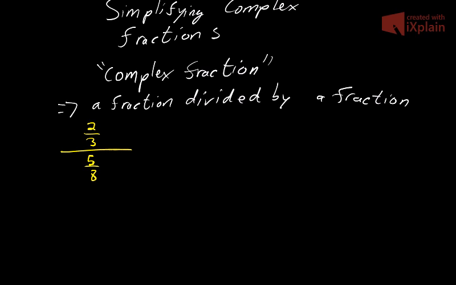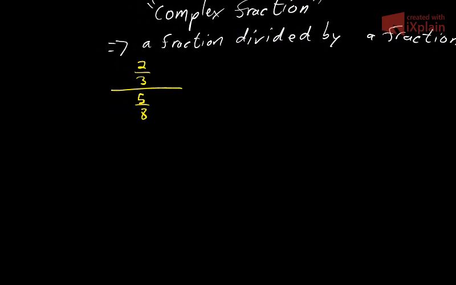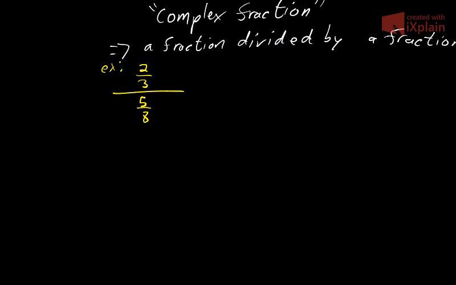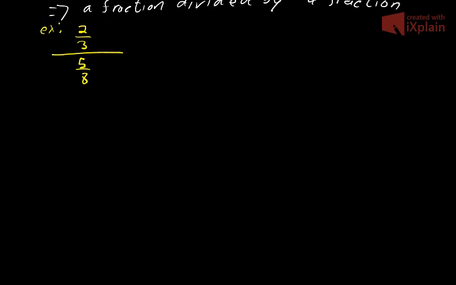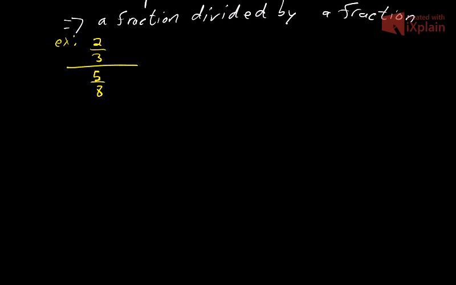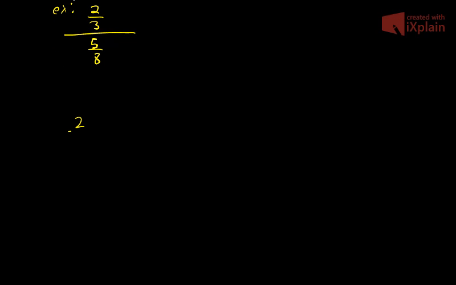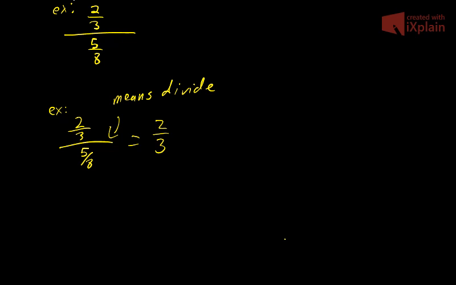But we are in algebra, so of course we're going to do it with some real variables, because that's going to make our life a little bit more fun. So this is my example. We're going to start by doing this problem right here. So this is 2/3 over 5/8. If I wanted to simplify this, I know that a fraction also means divide. So I could write this as 2/3 divided by 5/8.